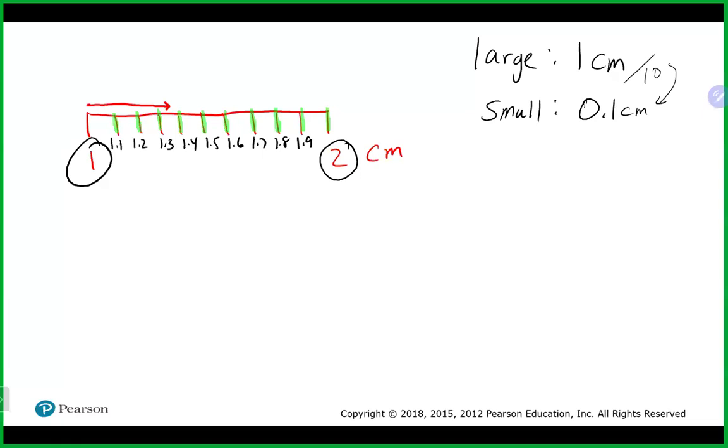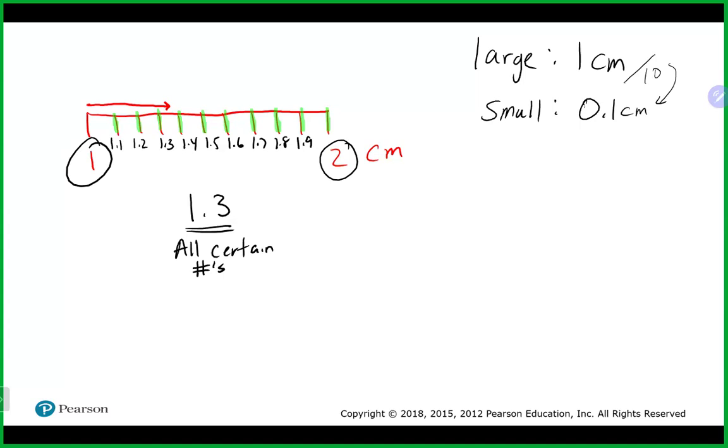As you correctly said, everybody should agree that my arrow is at least 1.3. It's definitely not less than 1.3, and it's not at 1.4, but it's at least 1.3. Because those are certain no matter who looks, you should record them. This is sometimes referred to as recording all the certain numbers, and when you take a measurement, you should always record all the certain numbers.